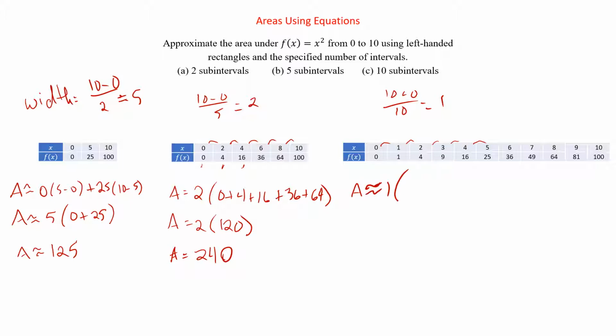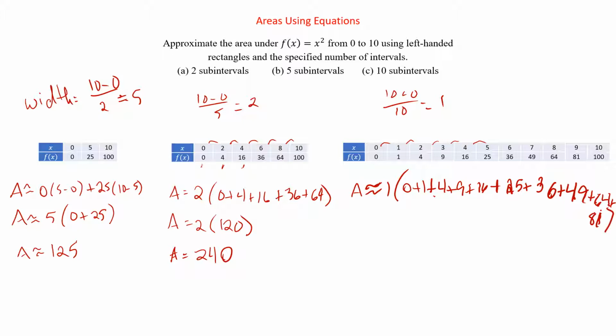We'll have 1 times 0 plus 1 plus 4 plus 9 plus 16 plus 25 plus 36 plus 49 plus 64 plus 81.